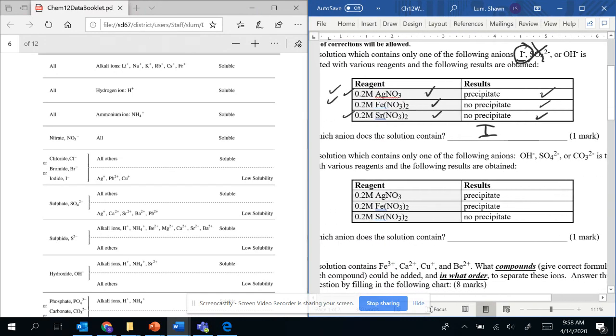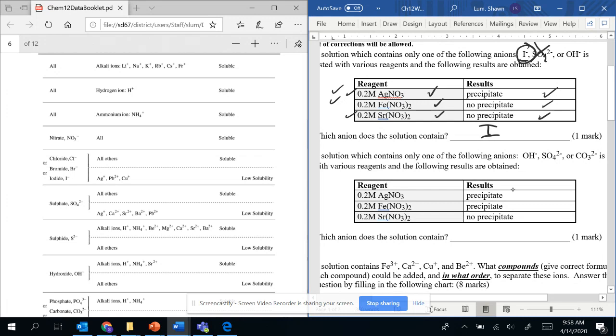Okay, next one. Forms a precipitate with these two, but not this one right here. So we've already done this one in some sense, because these are the same things as these ones right here. And we've already said forms precipitate with Ag and Fe.